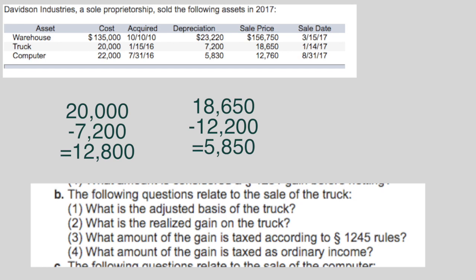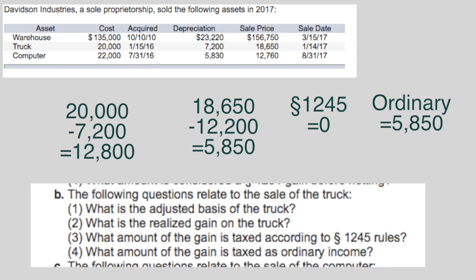So remember, this is an asset subject to depreciation recapture. As long as it's not 1250 property, which is real estate, then it's Section 1245. However, because this asset was held short term, shy of 2 days, it becomes that first main category, our ordinary income category.